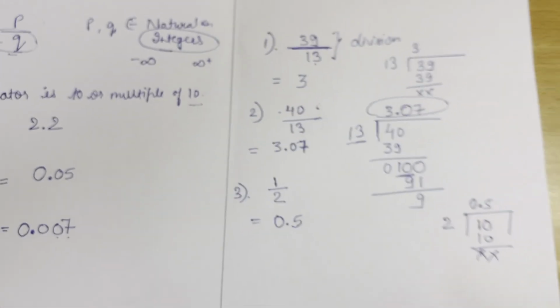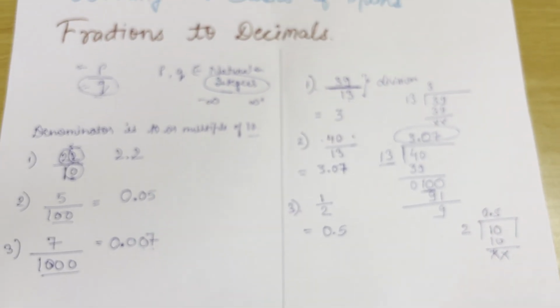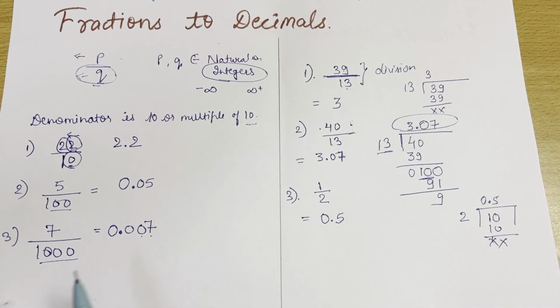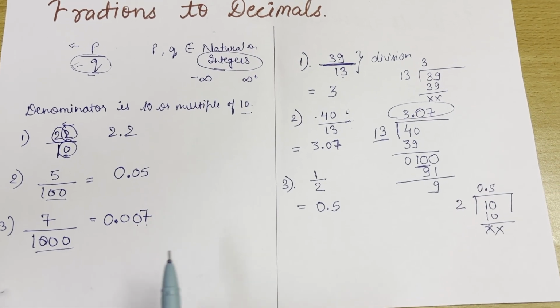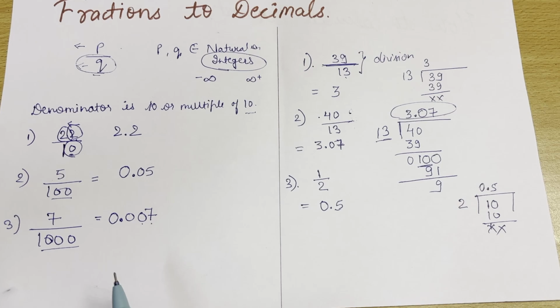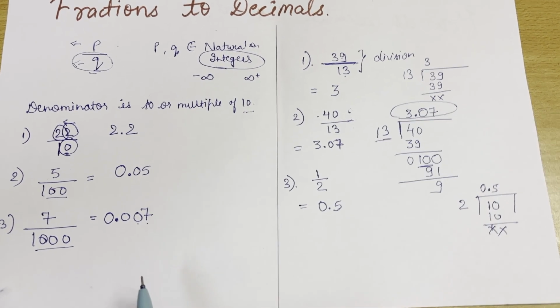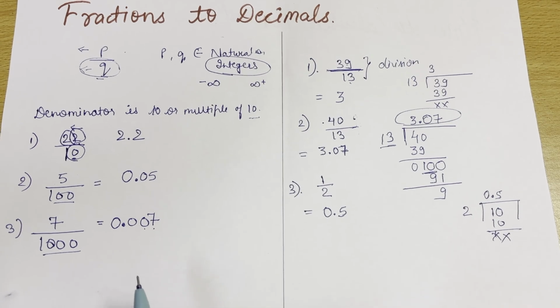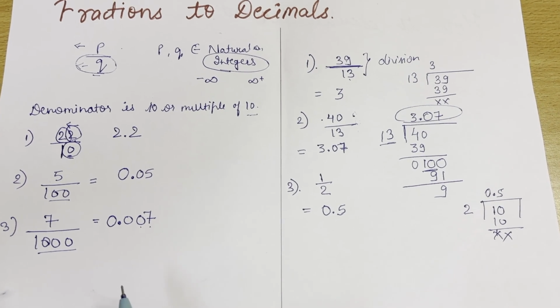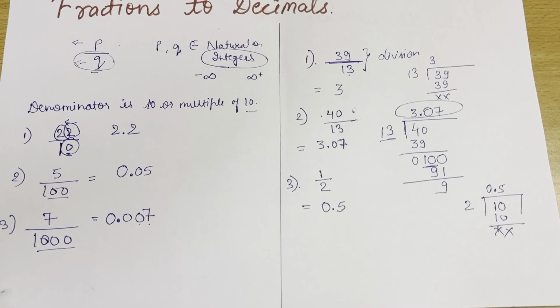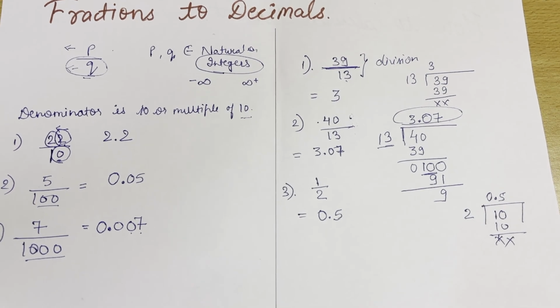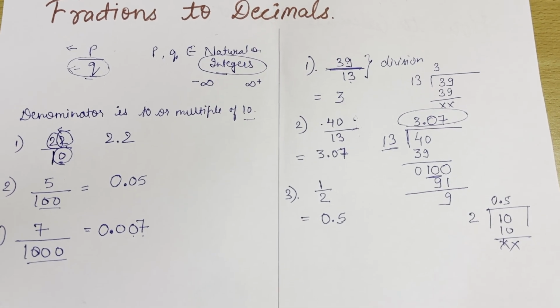This is how we can convert fractions to decimals. If the denominator is 10, we need to simply count the number of zeros in 10 or in the multiple of 10, and then count the same number of digits in the numerator part and put a decimal point. If there is no digit in front of the decimal point, we need to add a 0 for our convenience.